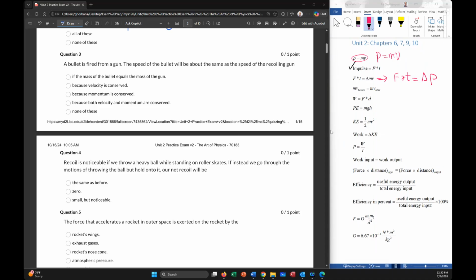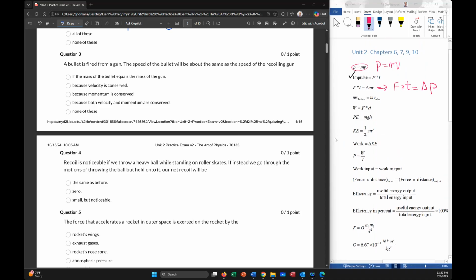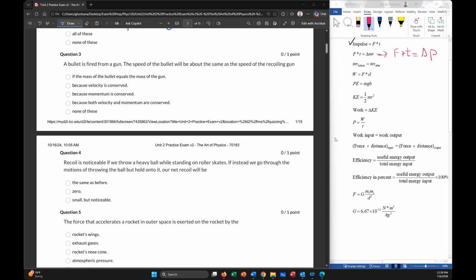A bullet is fired from a gun. Okay, I'll try to draw the situation. Good. So let's say this is a gun, not a perfect gun. Assume this is the gun, and this is a bullet.